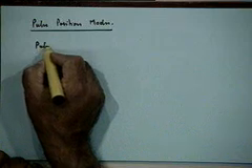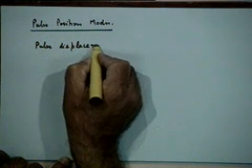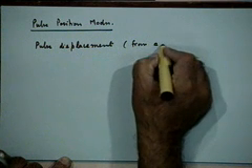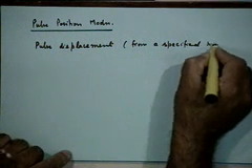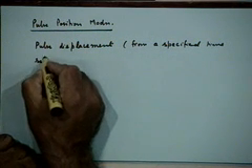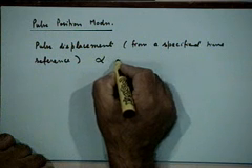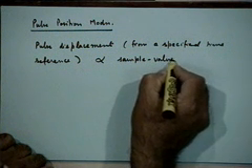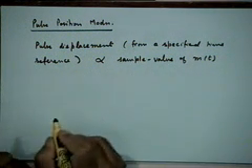That is how you define pulse position modulation: pulse displacement from some specified time reference is proportional to the sample value of m(t), right?